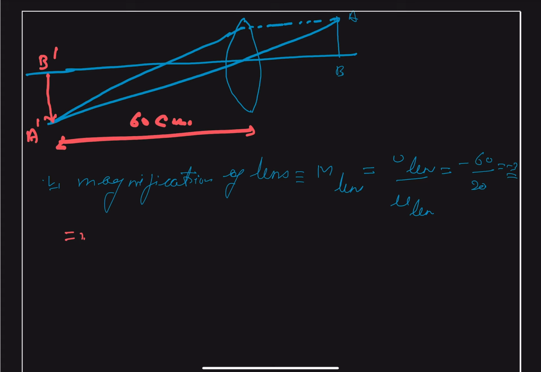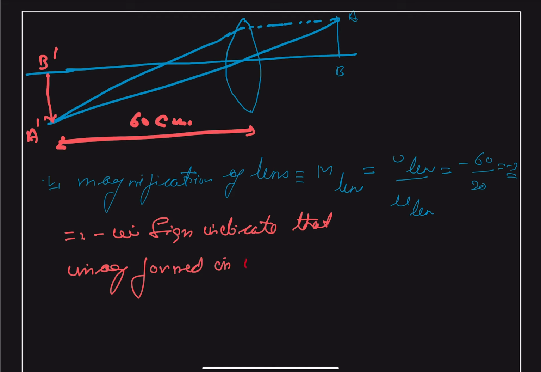So the negative sign indicates that the image formed is inverted and magnified by a factor of 3.